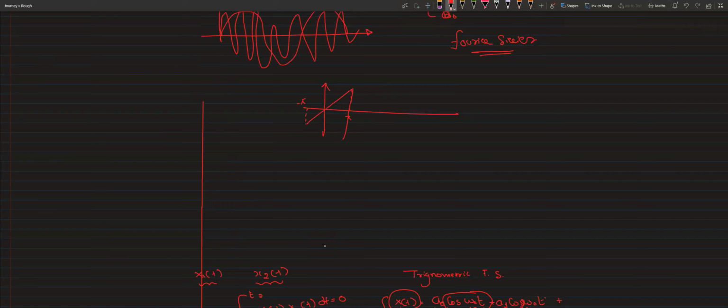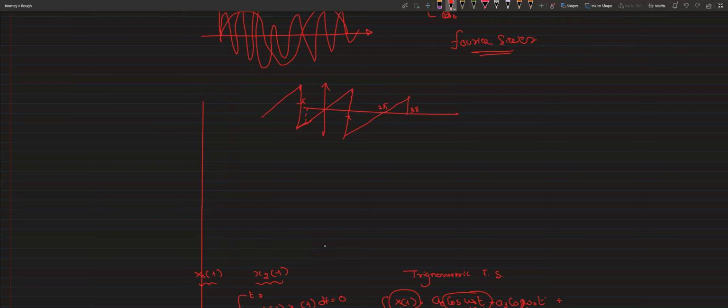It repeats plus pi and then 2 pi, then again 3 pi, and so on. It repeats every 2 pi, and the same way in the negative side also it repeats. So is it an even signal or an odd signal? It's an odd signal, right?